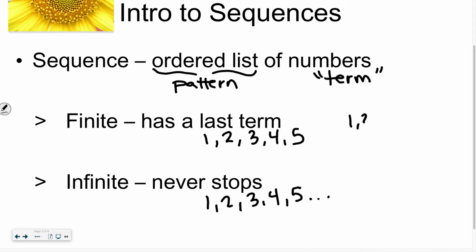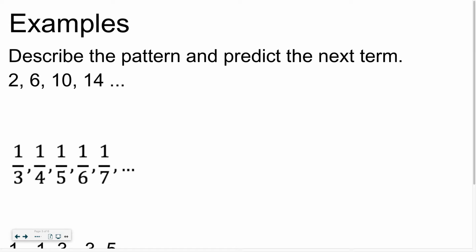So we could do 1, 2, 3, 4, ... and say go up to 40. That would still be finite because it has the last term. But if it's left open, that's infinite. You can't count the number of terms. I mention that only because later, when we do series, we can do some things with finite series that we can't do with infinite series. So it'll depend on which form we have.